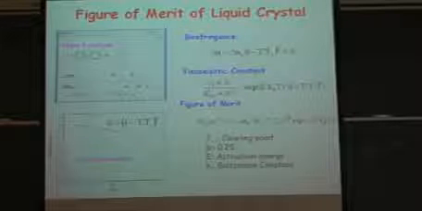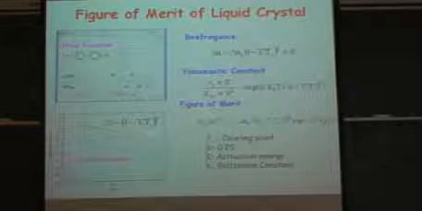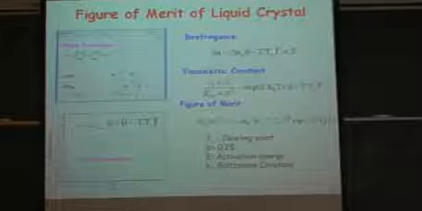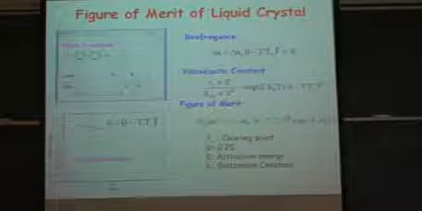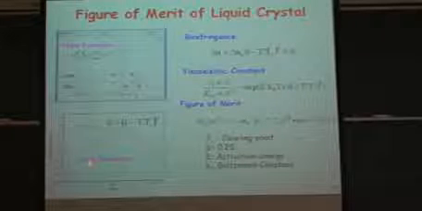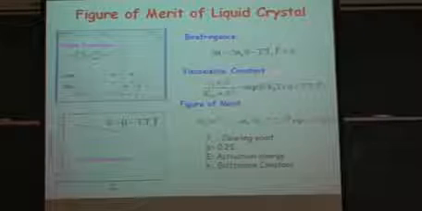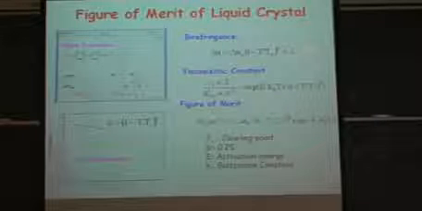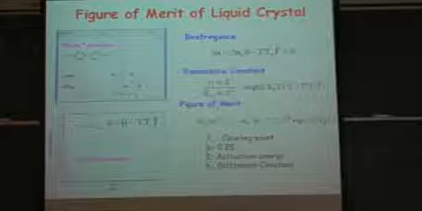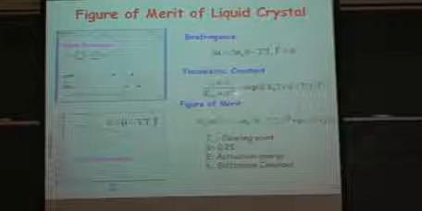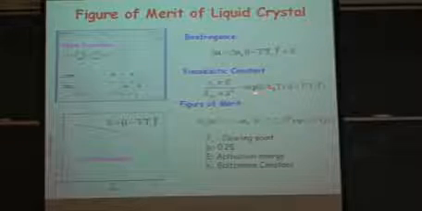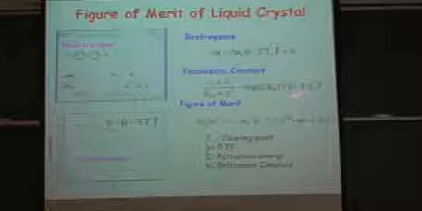The clearance point corresponds to the liquid crystal phase to liquid phase transition. This shows a typical curve of the order parameter changing with temperature. The birefringence is proportional to S, the viscoelastic constant is proportional to S squared, and this is the activation energy.